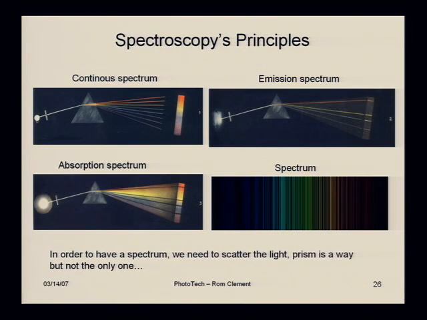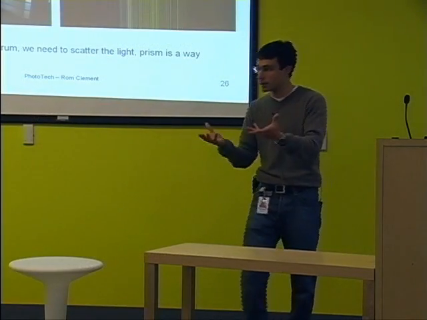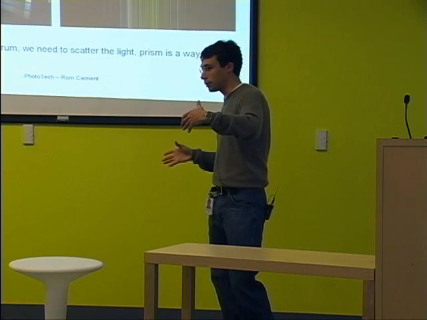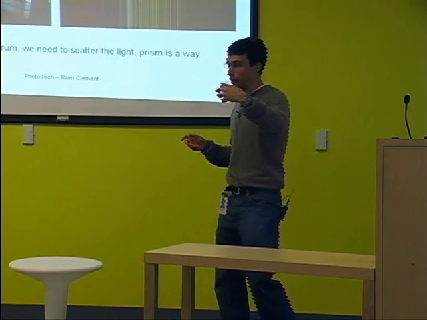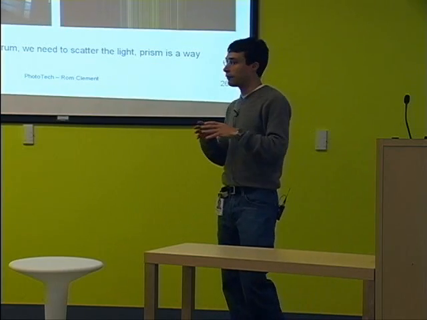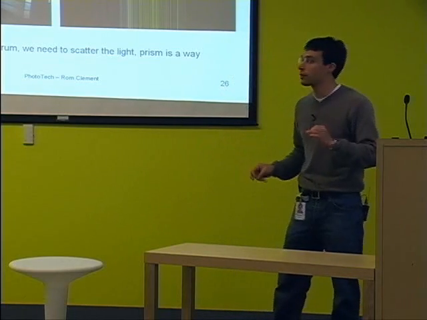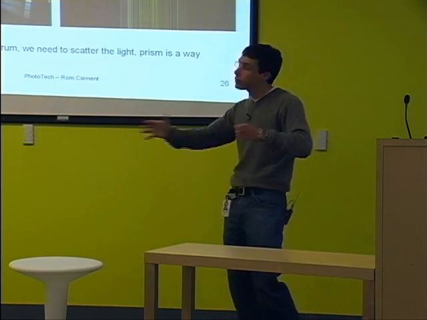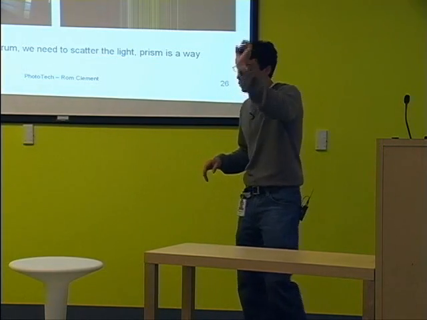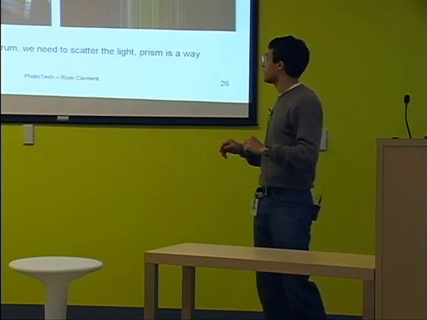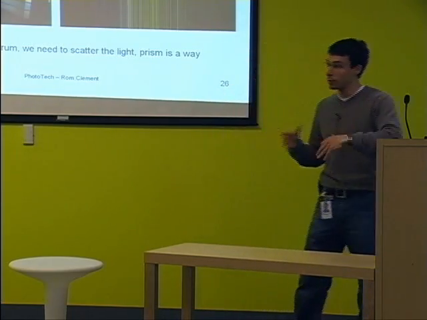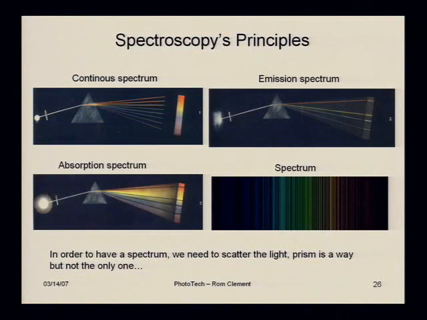The opposite of an emission spectrum would be an absorption spectrum, where I would have white light, but between my instrument, my spectroscope, and the source of light, I can have a gas, and this gas will absorb certain precise wavelengths. So in a continuous spectrum, I'll have absorption lines, or black lines. By analyzing these black lines, I will be able to extract information about my gas, the constitution of my gas or the molecules of my gas.